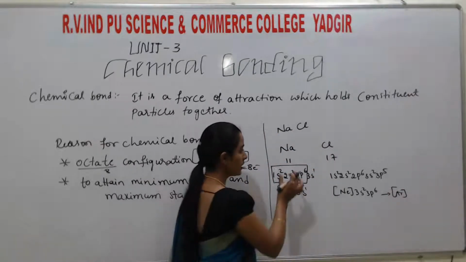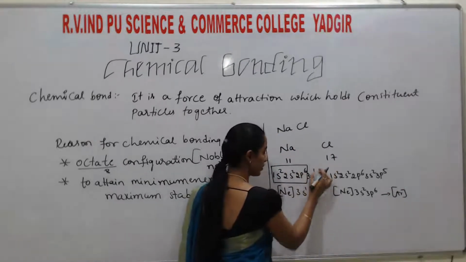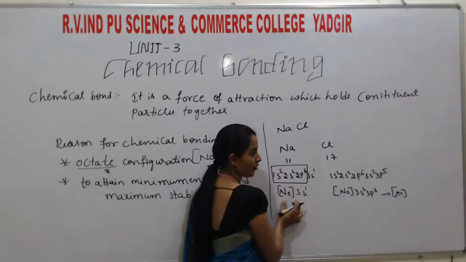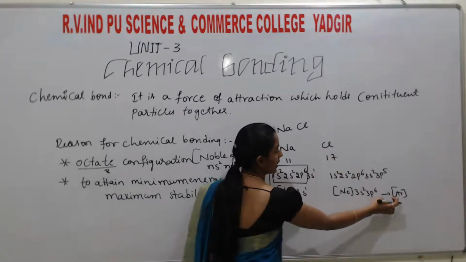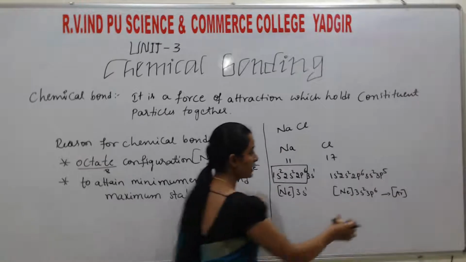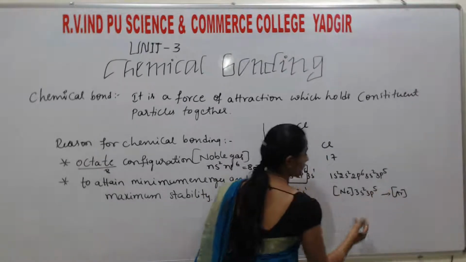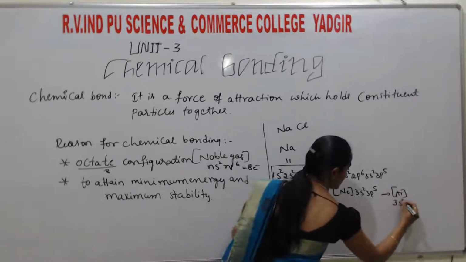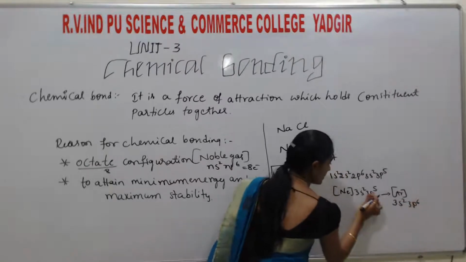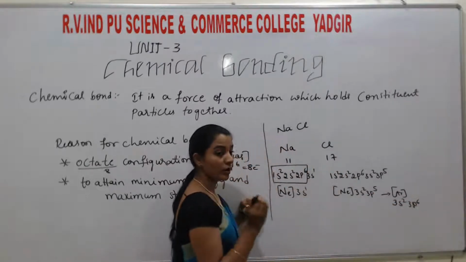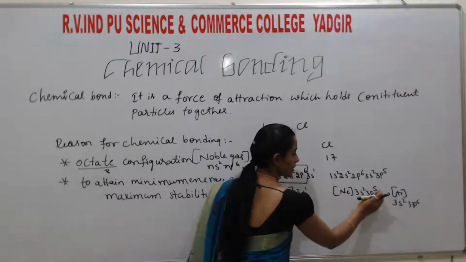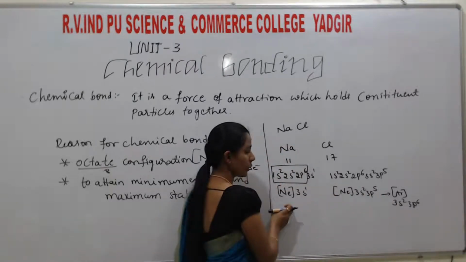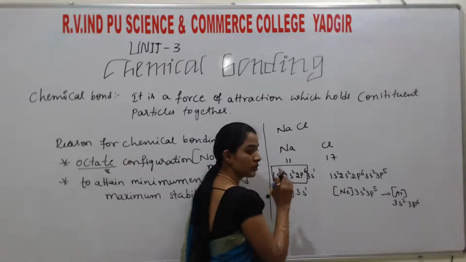So students, if Na loses one electron, it attains noble gas configuration. If Cl accepts one electron, it attains noble gas configuration, because its configuration is 3s2, 3p5, and to attain the nearest noble gas configuration it requires one electron.